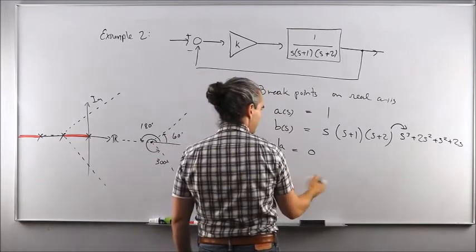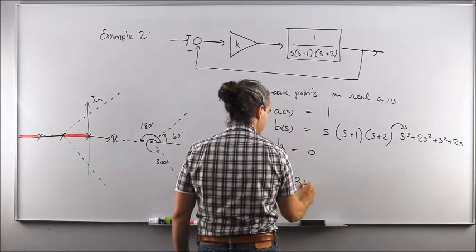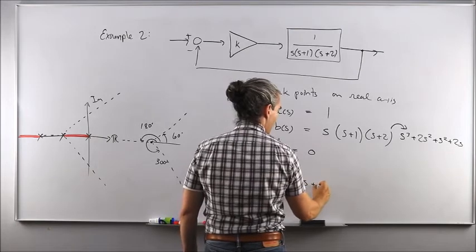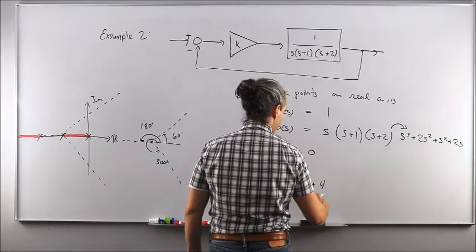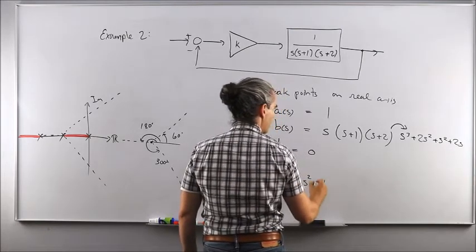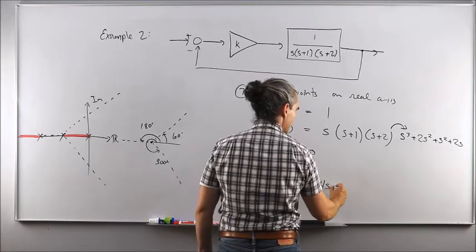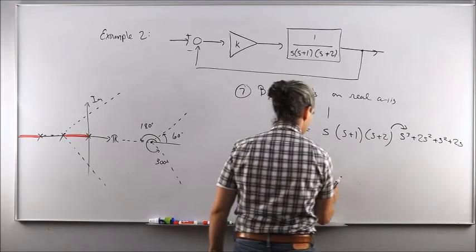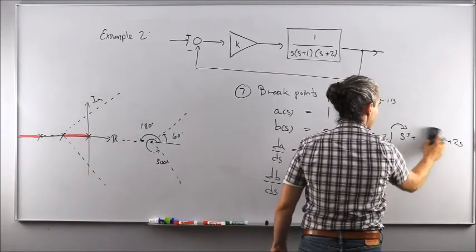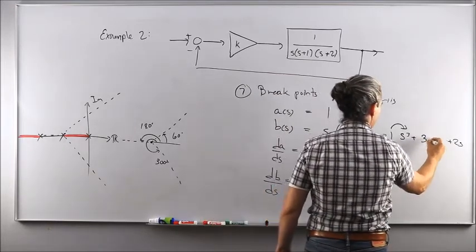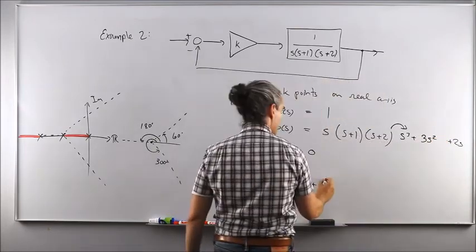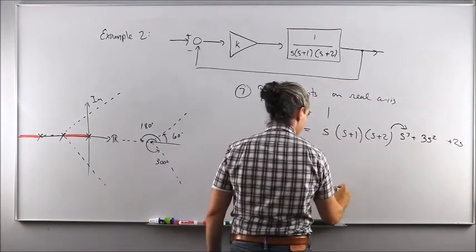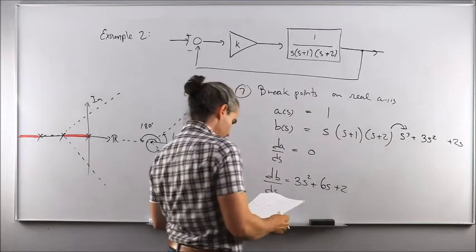Such that the derivative of this is going to be 3s squared, sorry, 3s squared plus 6s plus 2.